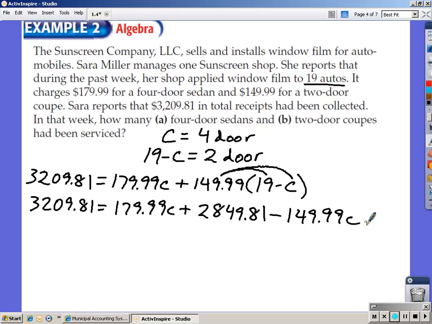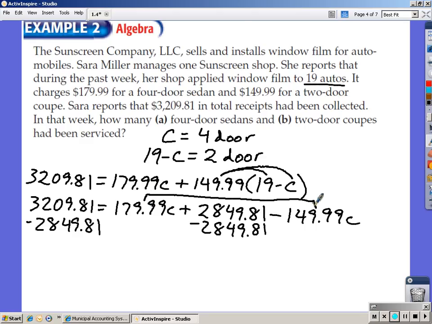All right? Now, I'm going to subtract 2849.81 from both sides. And I'm also going to combine this term and this term together.